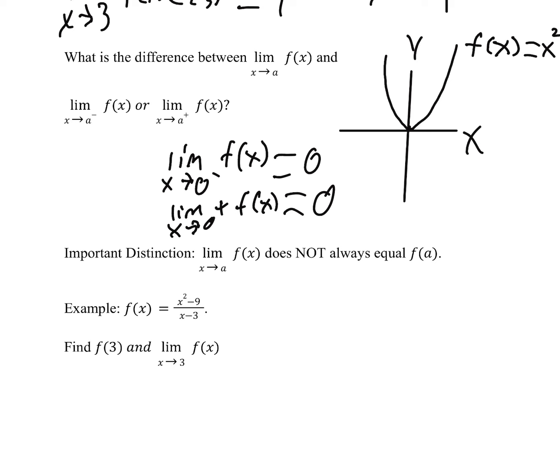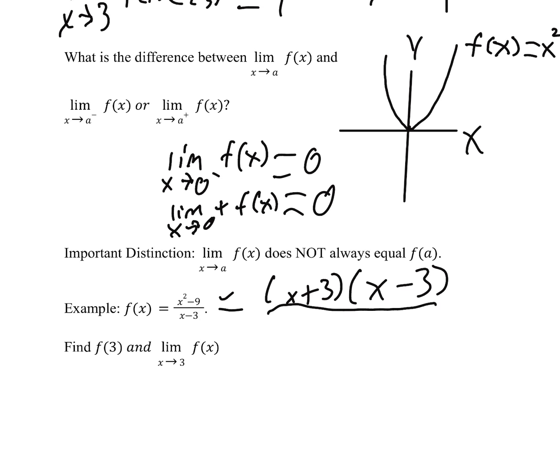So we're going to use that to analyze what the limit of this function is right here, and the value of what that is too, at x equals 3. So I'm going to rewrite this function. You remember your difference of two squares from algebra. I'm going to take the square root of the first term, and then the square root of the second term, and then in between those terms, I'm going to have a plus, and then a minus.